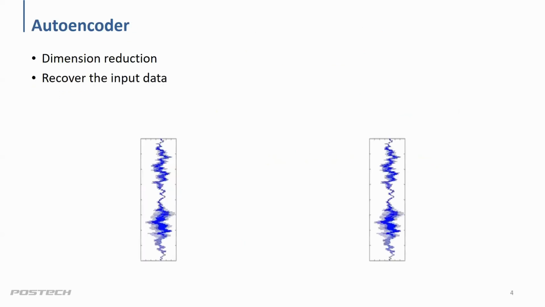Probably this one is better to explain it. Suppose we have input X, and this is another input X. Our purpose is to recover the input data using a neural network.